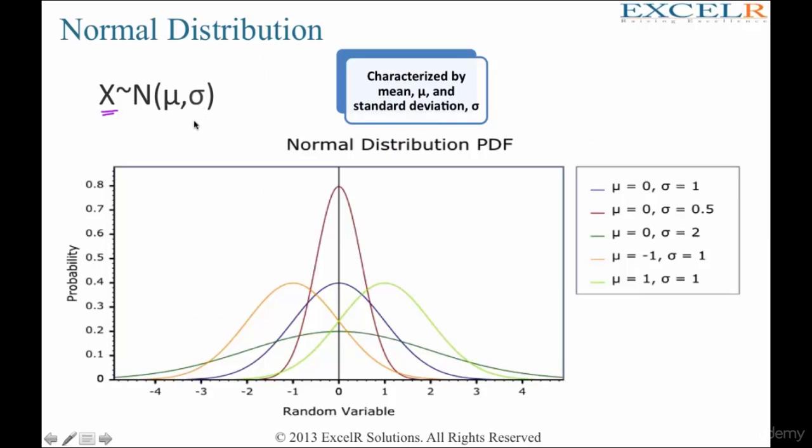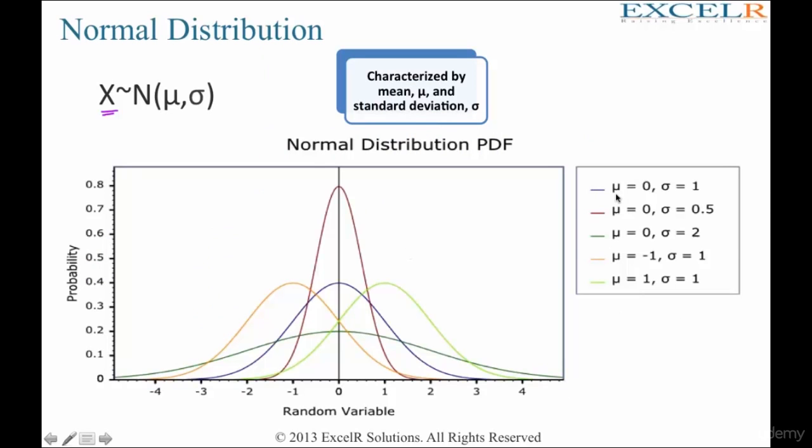So you can characterize each and every random variable with mean mu and standard deviation sigma. Now let me explain that using this example, post which I will get into the standard normal distribution.